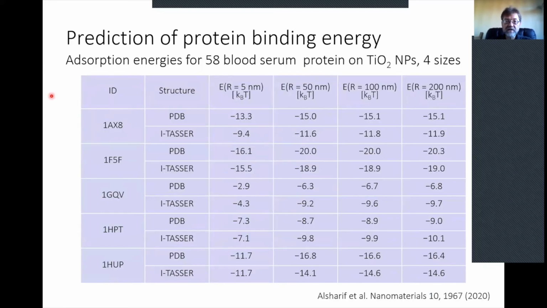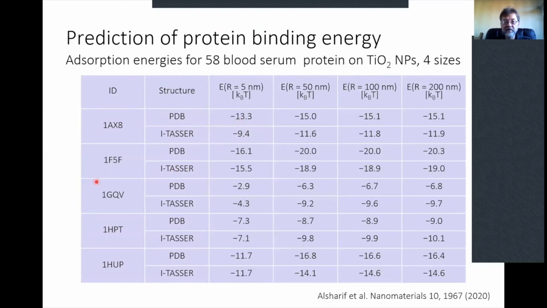So this is a similar table, but we try to validate our model, whether ITASR prediction of three-dimensional protein structure is good enough to make predictions of adsorption energy. And we compare energies for proteins folded by ITASR versus PDB, the crystal structure, with crystal structures used for this calculation. And the prediction is reasonable.